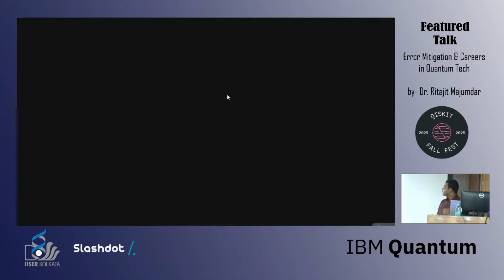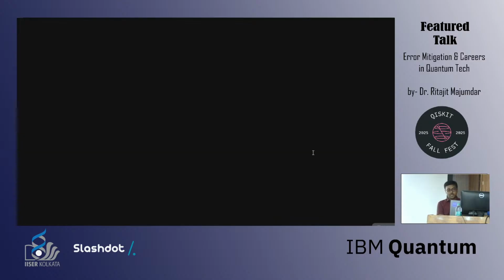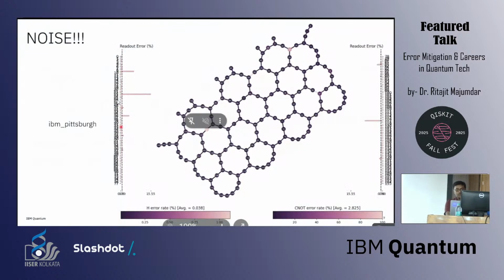But here, if you see, there is a lot of noise. As I said, readout. If you go to the IBM Quantum platform, you will find all the characteristics of all the hardware that are available today. What are the readout errors for each qubit? And you see that not only do we have readout error, the error is pretty non-uniform. Some of the qubits have really high error, and these are kind of outliers, with much higher error compared to the median value.